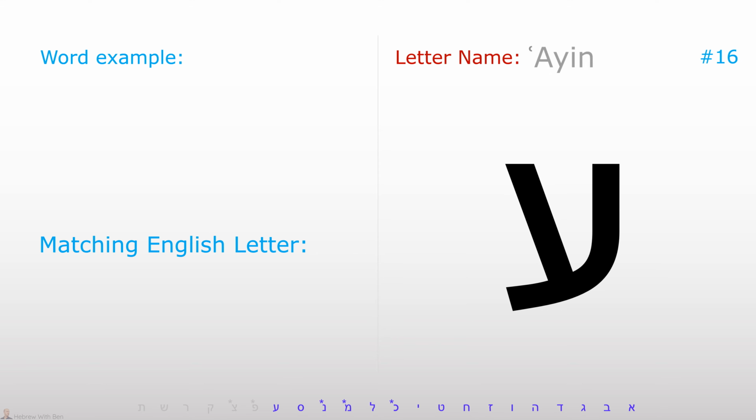Next is the letter Ayin. Similar to Chet, this letter has no matching consonantal sound representation in the English alphabet. A word example is Ayin, exactly like the letter's name.